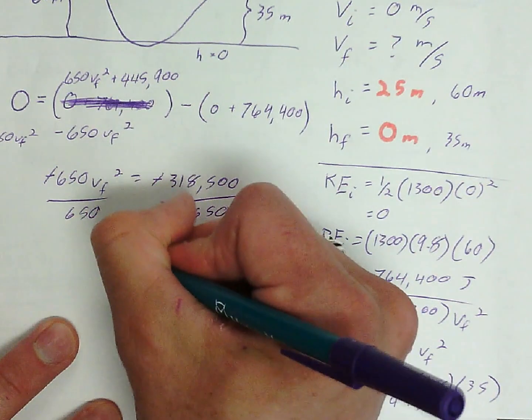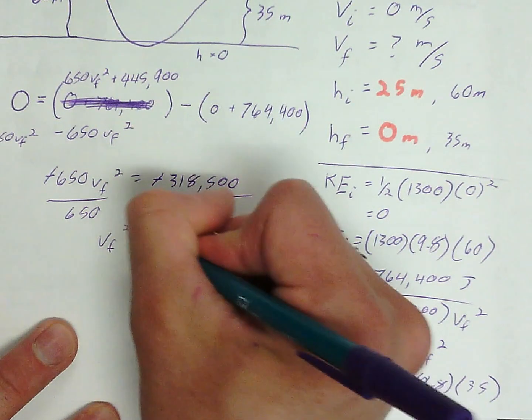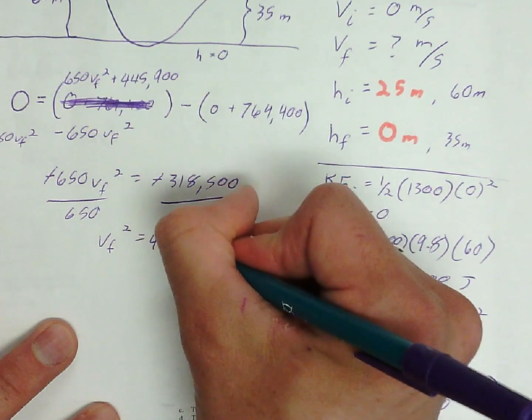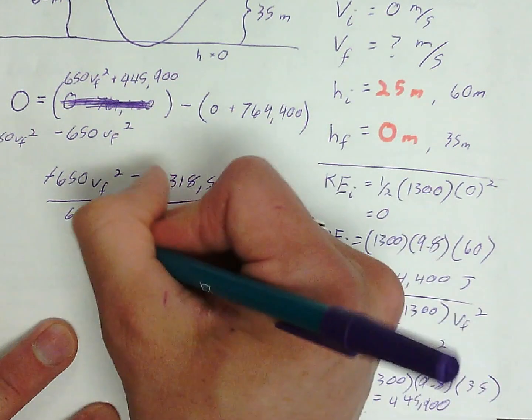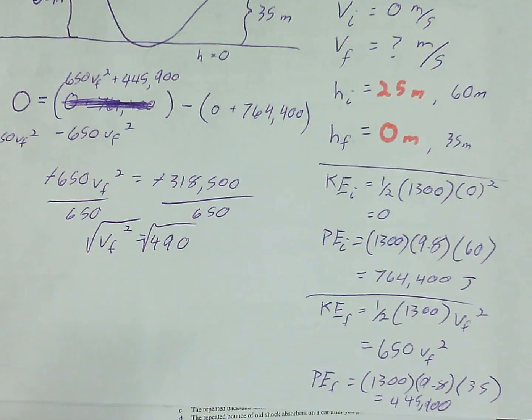That gives me VF squared equals 490. I don't want VF squared, I want just VF, so I square root that.